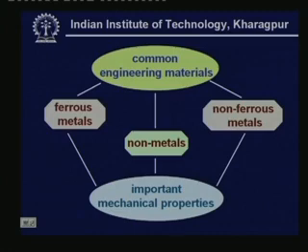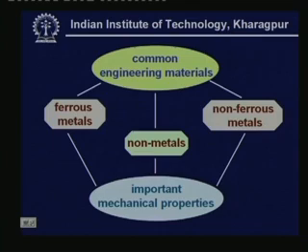Now, if we consider common engineering materials, you can see that there is a broad classification. One, we consider ferrous metals, another are the non-ferrous metals, and another are totally non-metals, like timber, glass, ceramics, etc. The most common use is ferrous materials, that you understand.